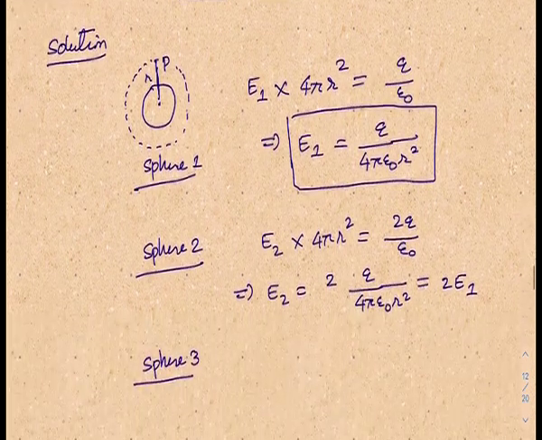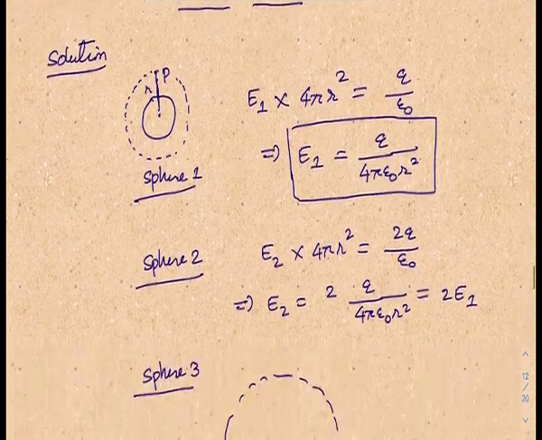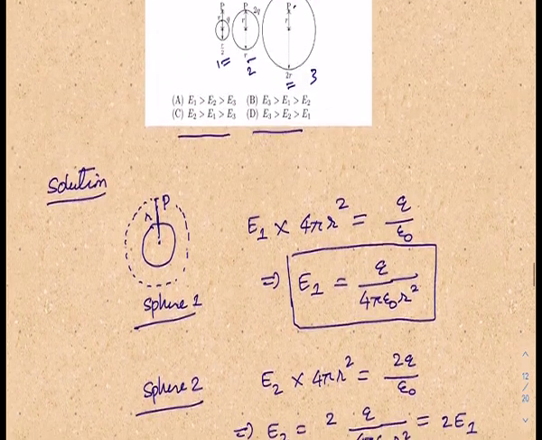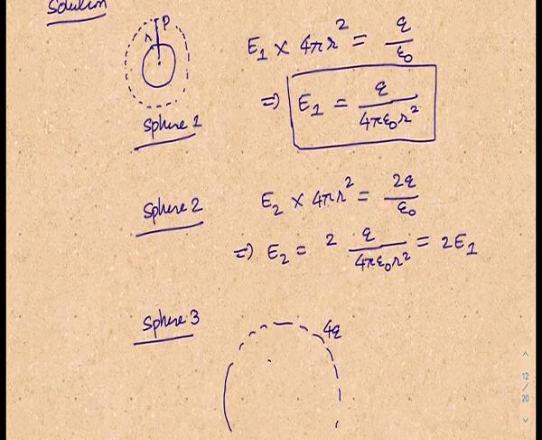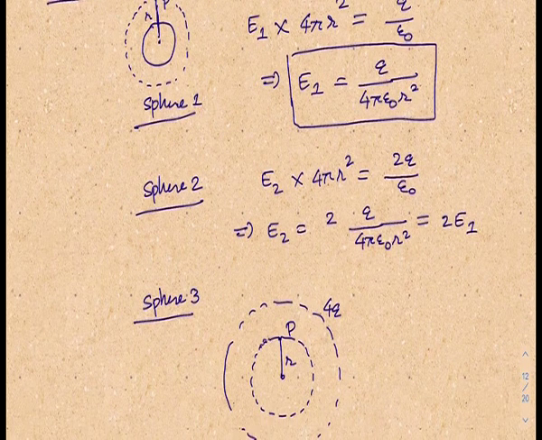Now in this case, the solid sphere has radius 2r, and the charge is 4q, distributed uniformly. But you are asked to find the electric field at a point P which is inside the solid sphere, at a distance r. So you take this as your Gaussian sphere.